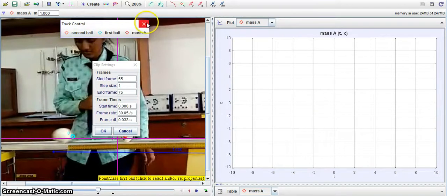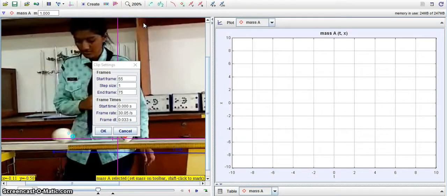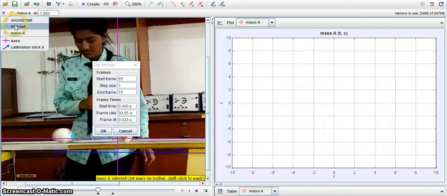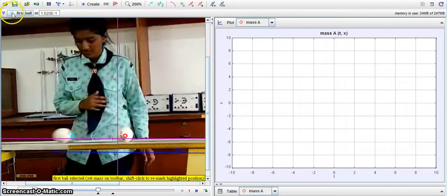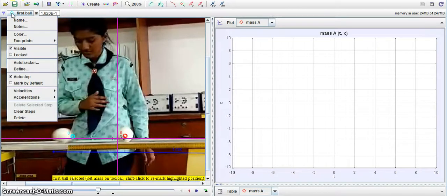Second ball, okay, and the blue color is the first ball.